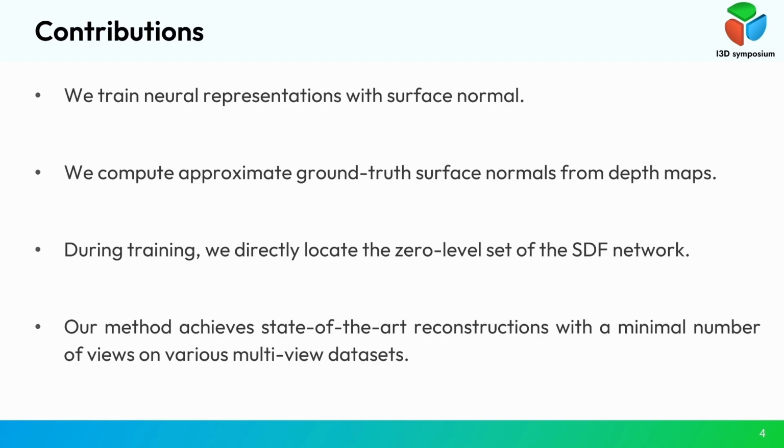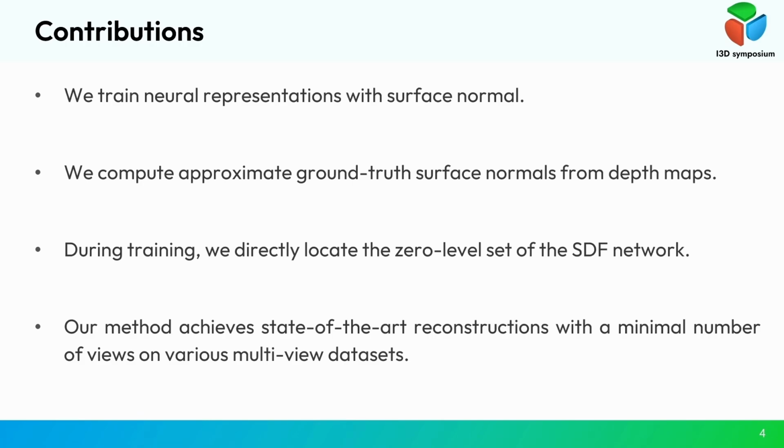So our contributions are the following. We show that training neural implicit representations with surface normal leads to highly accurate surface reconstruction, even when we have as few as 2 RGB input images. Using input multi-view RGB images, we compute the approximate ground truth surface normal from depth maps, which are produced using an off-the-shelf monocular depth estimator, which is Depth Anything.